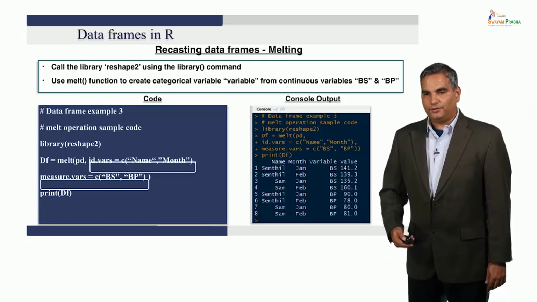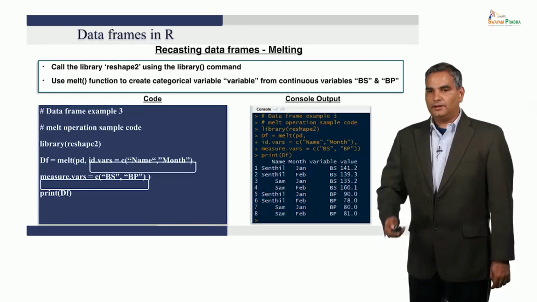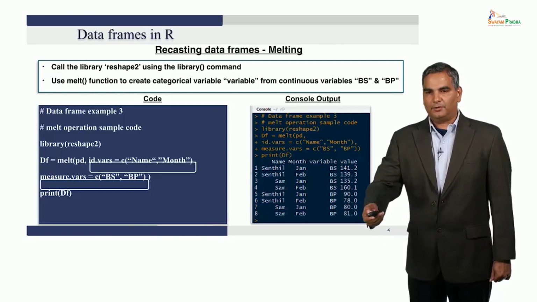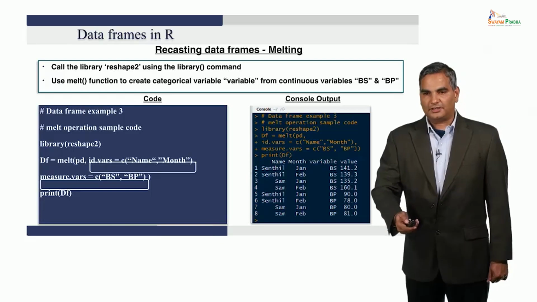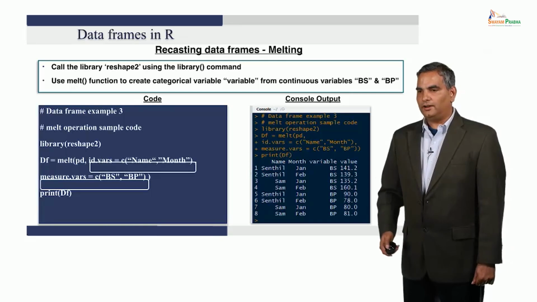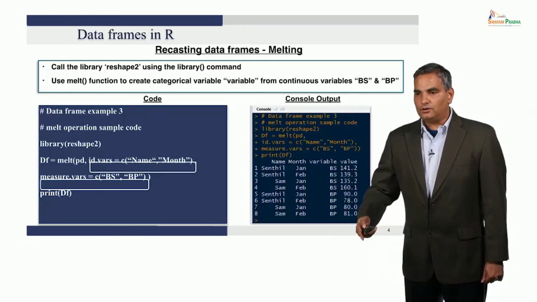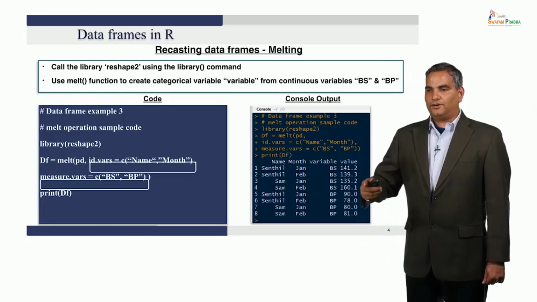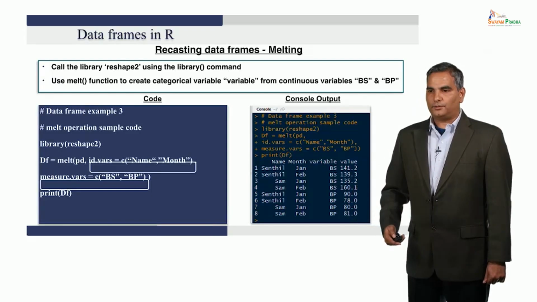As I mentioned in the last slide, the ID variables are name and month, and the measurement variables are blood sugar and blood pressure. We use the melt command as shown here, and you see that the data frame has changed. Now you have 8 rows instead of 4 rows, and the first 4 rows pertain to the blood sugar, and the last 4 rows pertain to blood pressure.